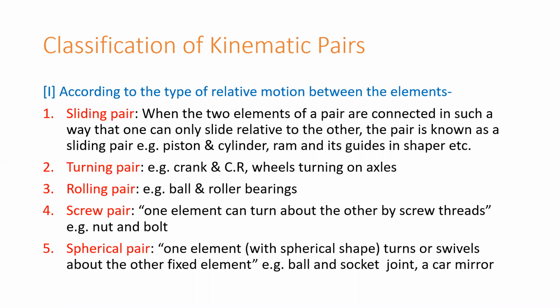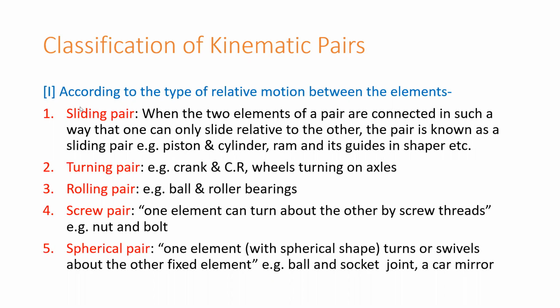First of all, the first criterion to classify the kinematic pairs is according to the type of relative motion between the elements. The two kinematic elements forming the kinematic pair have a certain type of motion between them, and on that basis this classification is made.